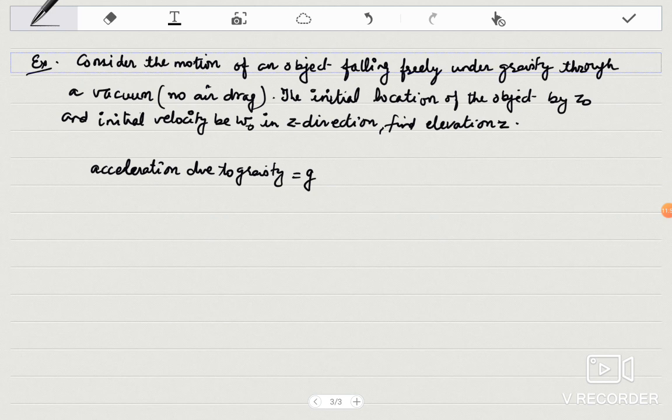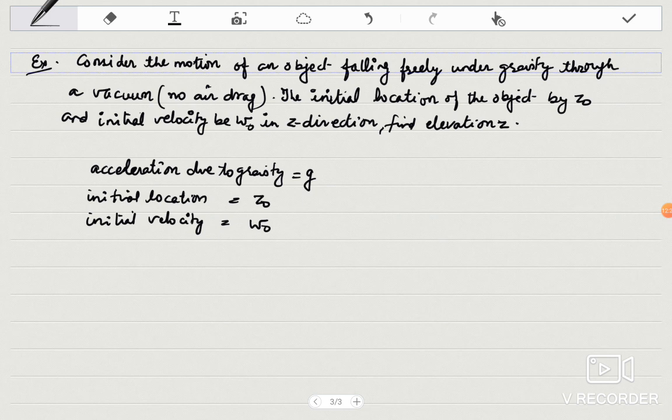The second parameter is the initial location of the object, z0. The initial velocity is w0.